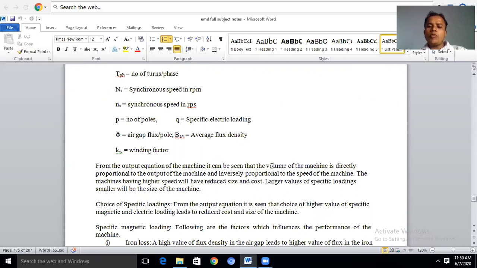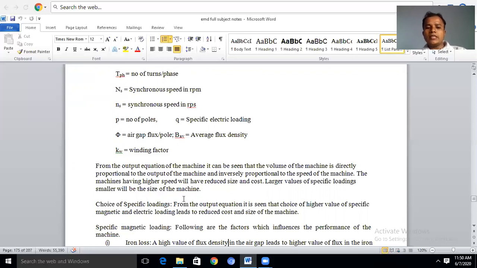So the main size of the machine is directly proportional to the output, because if I increase the output of the machine, the volume of the machine will automatically increase, and hence the speed of the machine will reduce.